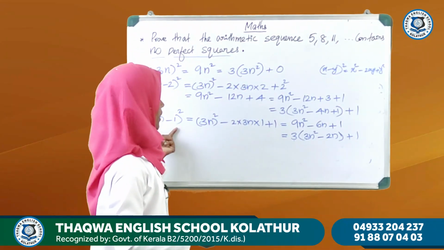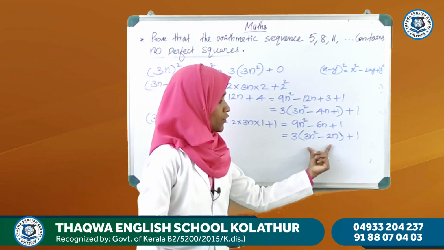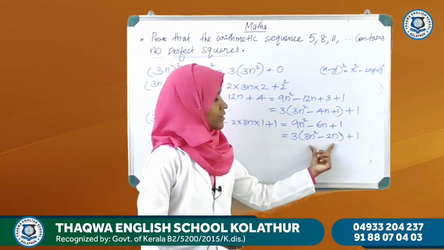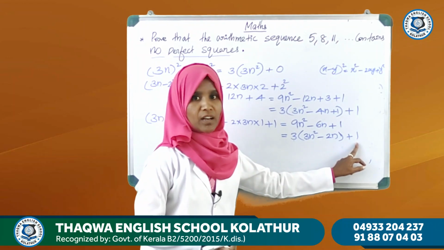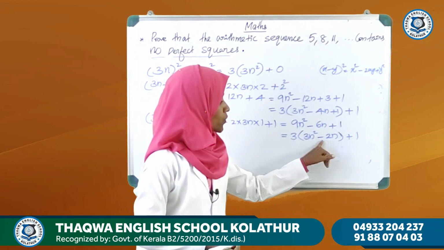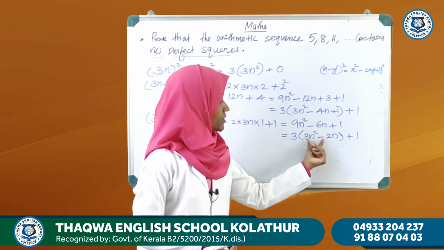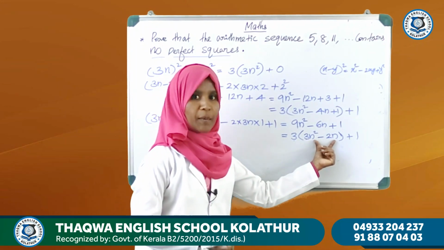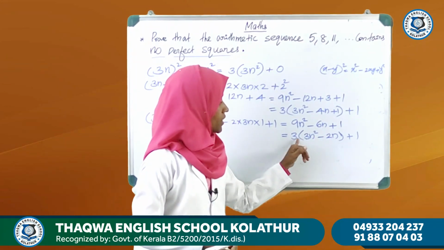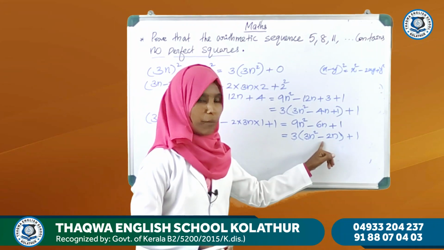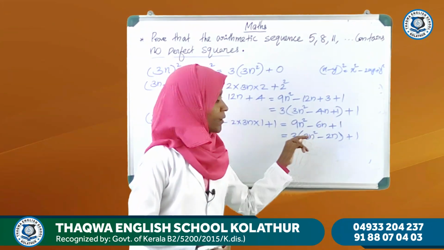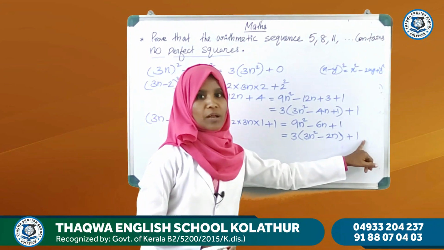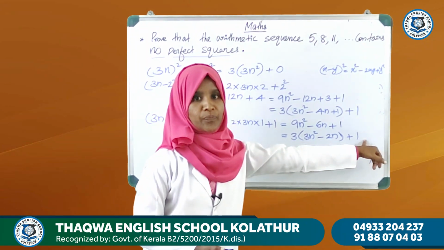Here also if we divide the number by 3, the remainder is 1. 3 into a number; here 3n square minus 2n is a number. So 3 into a number plus 1, or if we divide this number by 3, we get remainder 1.